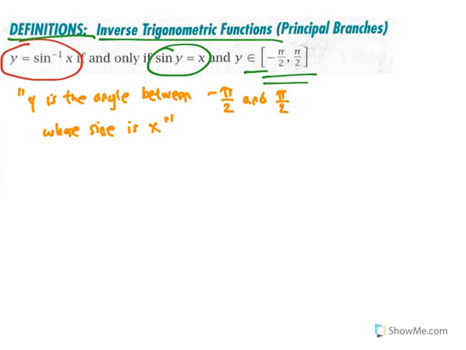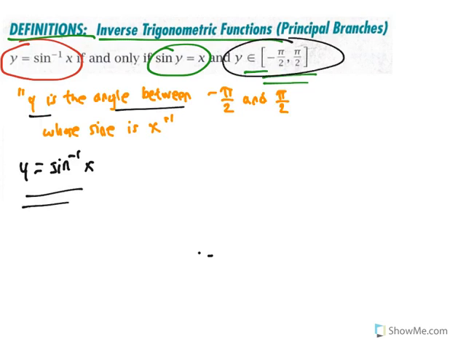So when you want to take the derivative of y is equal to the inverse sine of x, you understand what this means. It means y is the angle between negative π/2 and positive π/2 whose sine is x. So you can rewrite the inverse trig function as follows: y is the angle whose sine is x, so sine of y is equal to x.